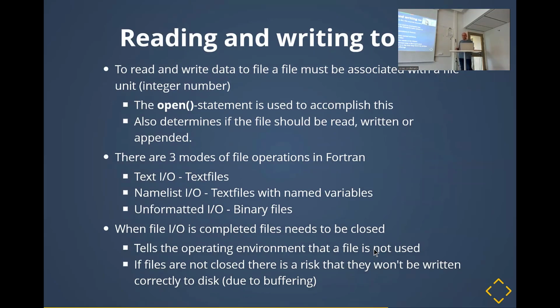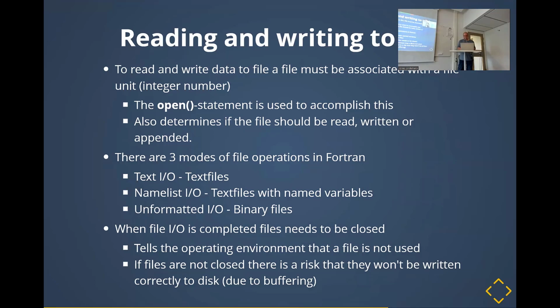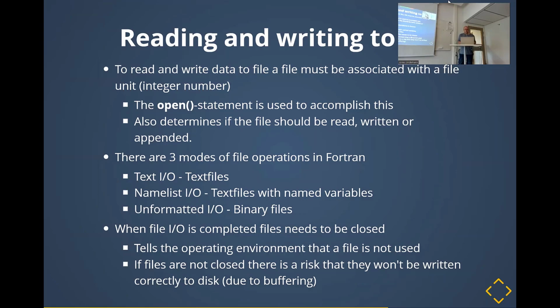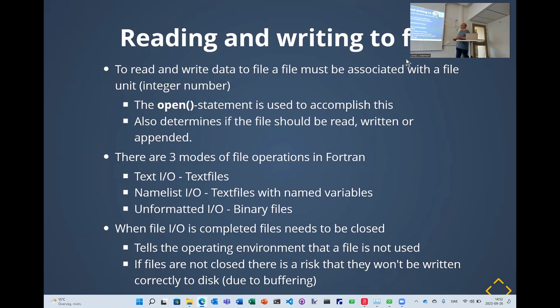So, reading and writing to files. To read and write a data file, you have to associate a file with a file unit. In Python, you created a file object which you used to read and write.